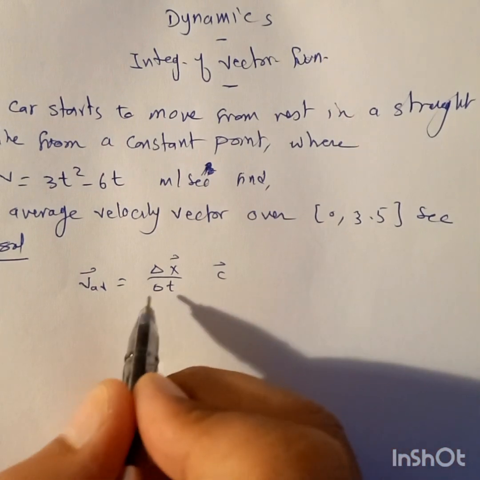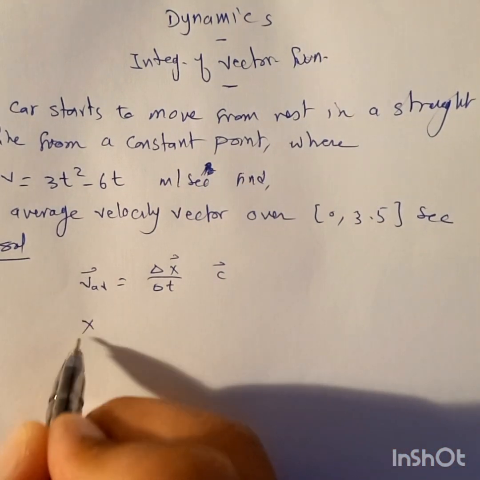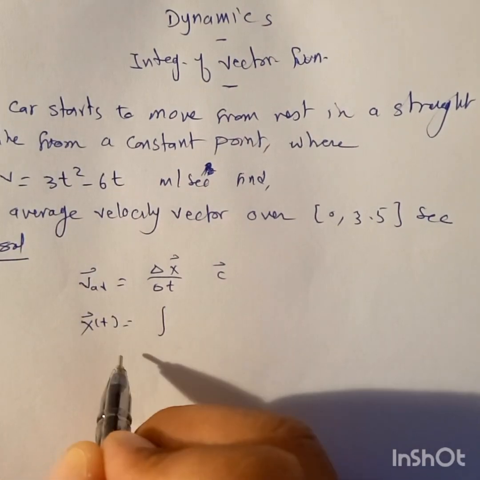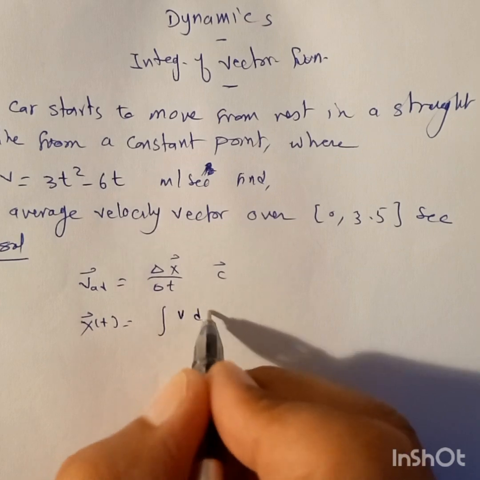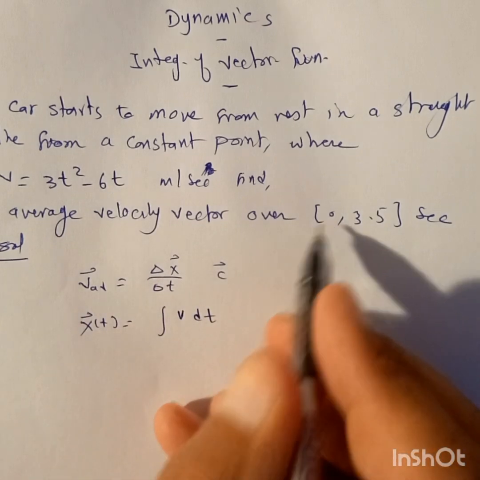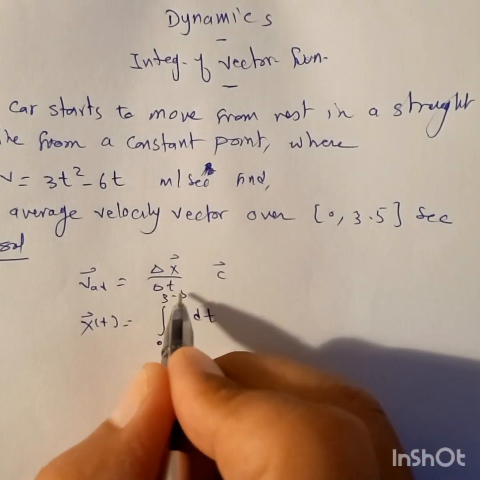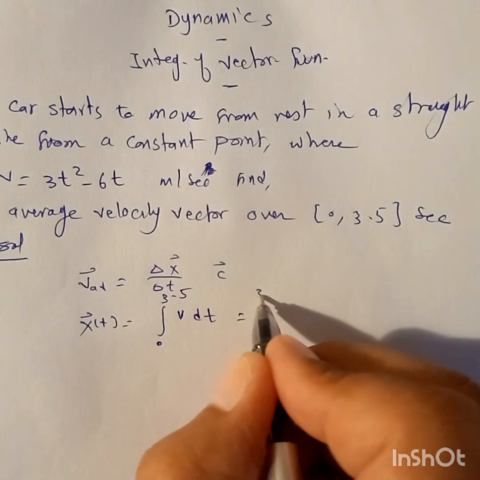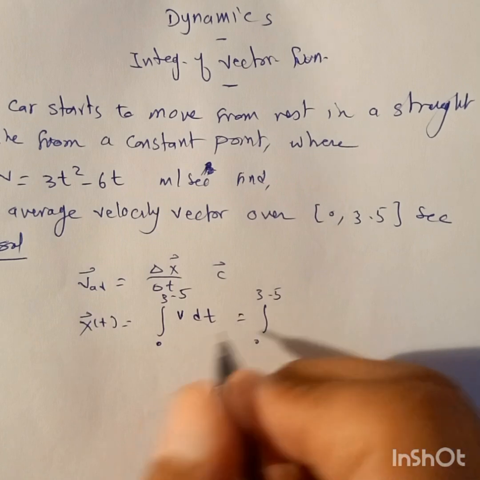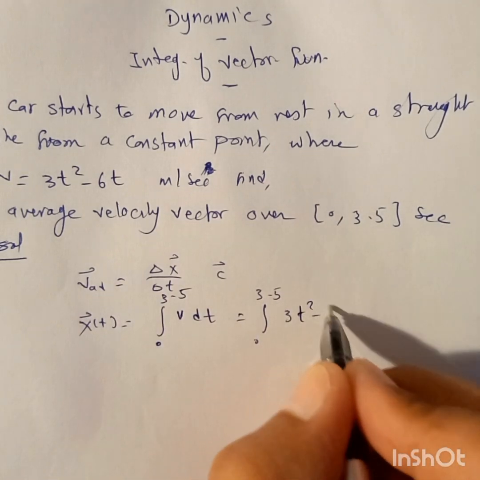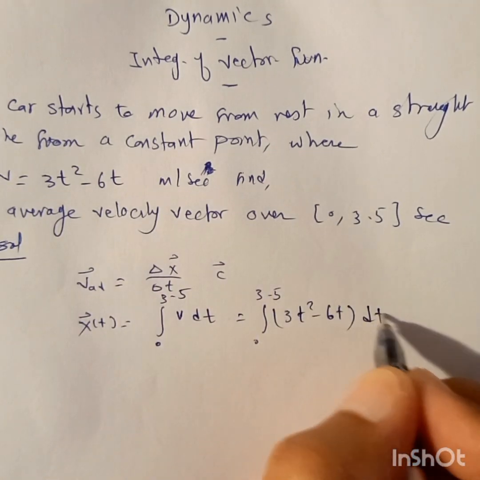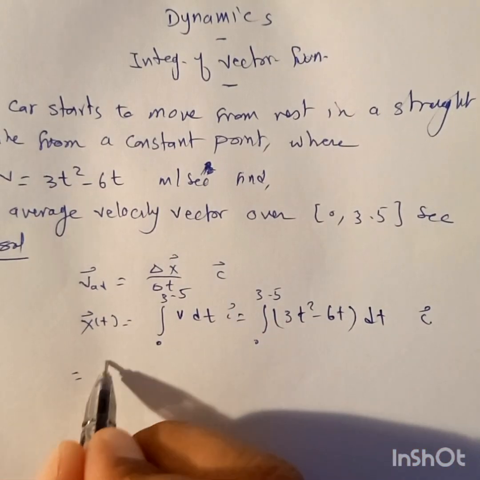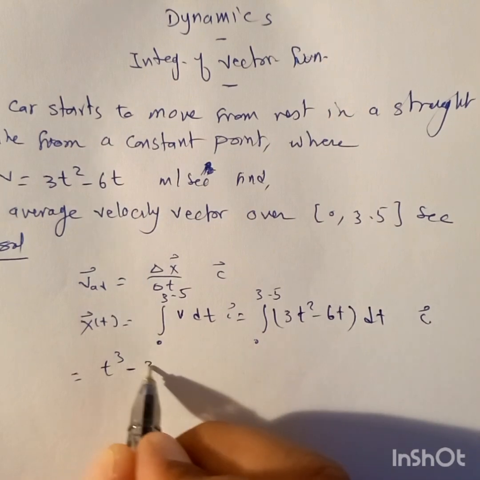We have to find x as a function of t. We can use definite integration of v dt from time 0 to time 3.5 seconds. Then we have the integral from 0 to 3.5, in the direction of c, of 3t squared minus 6t dt. Then we have t to the power 3 minus 3t squared.